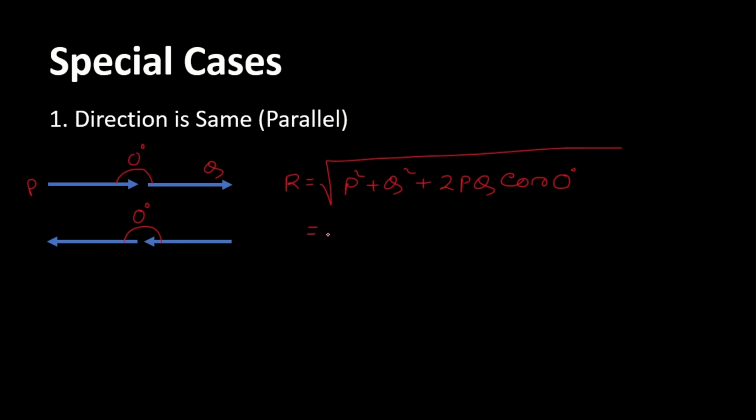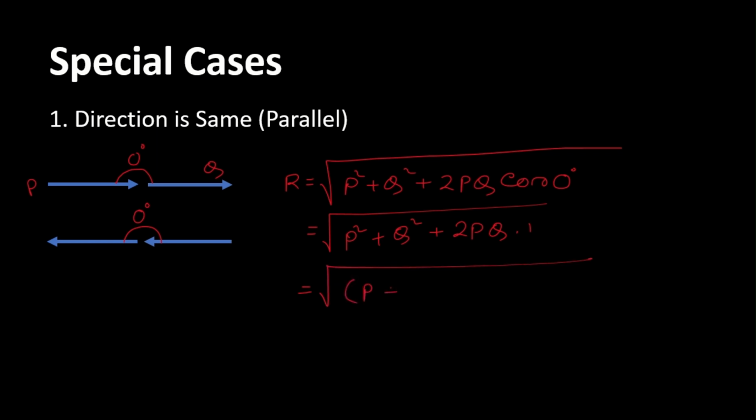Here cos 0 degree equals to 1. Therefore, P square plus Q square plus 2PQ into 1, which is P plus Q whole square. The square and square root cancel each other, so R equals to P plus Q. Here it is the maximum value of a resultant force, so we write R max.